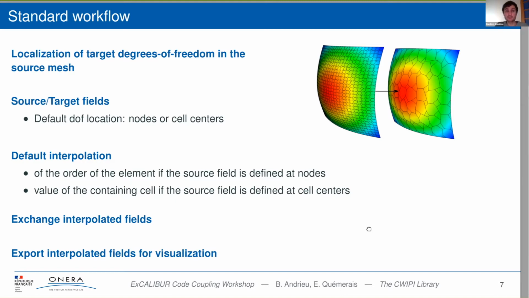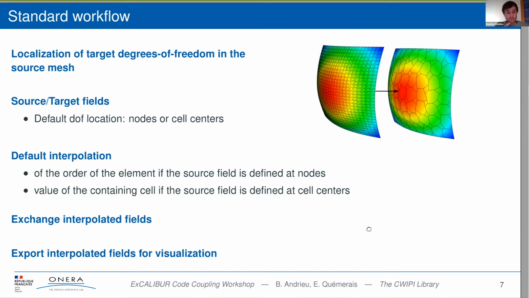Then in which element this point lies, and we then compute in that element the mean value coordinates of the point. Currently CWIPI uses the same localization algorithms as the one in the FVM library. So it's very similar to the one Yvon described earlier.